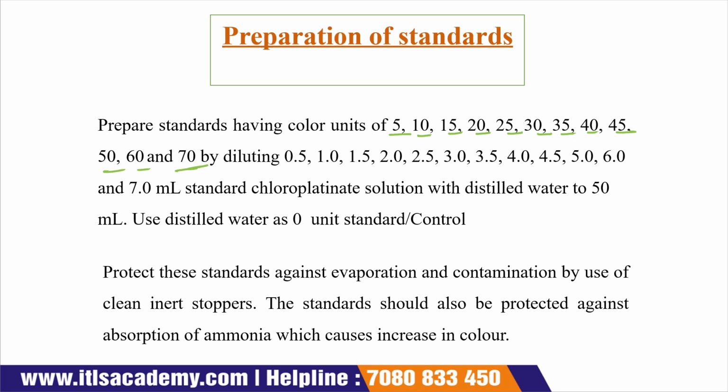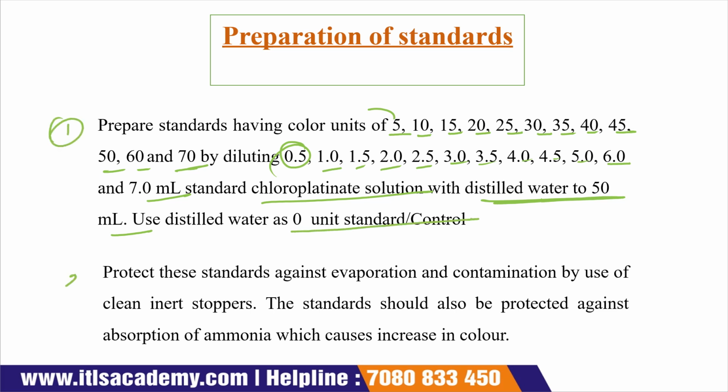These are diluted using 0.5 ml of standard chloroplatinate solution, then 1.0, 1.5, 2.0, 2.5, 3.0, 3.5, 4.0, 4.5, 5.0, 6.0, 7.0, along with distilled water to make 50 ml. Use distilled water as the 0 unit standard solution.